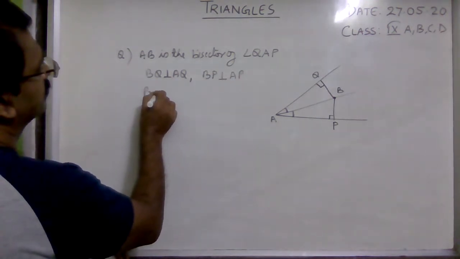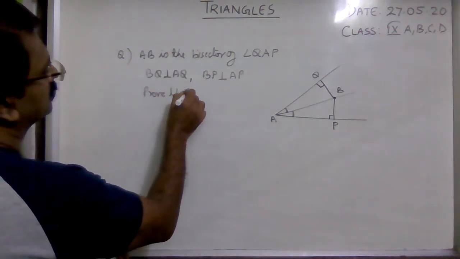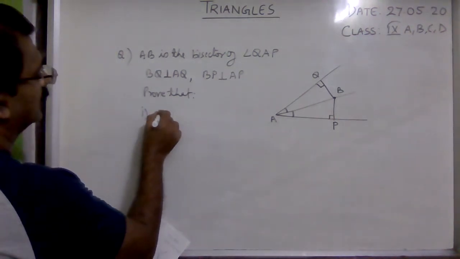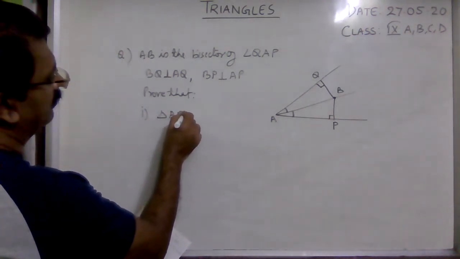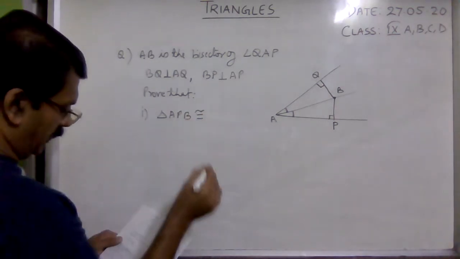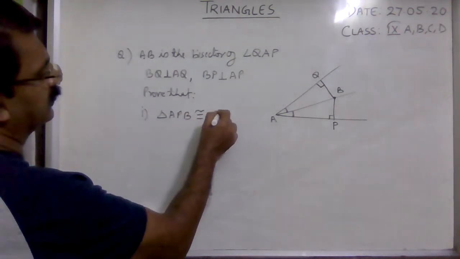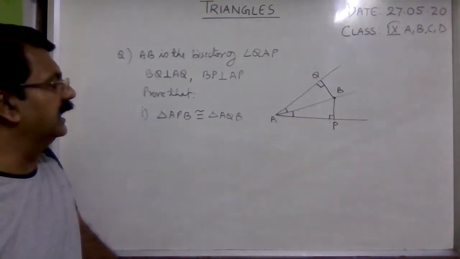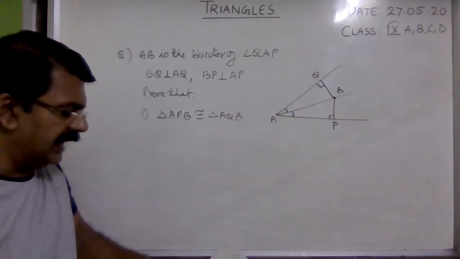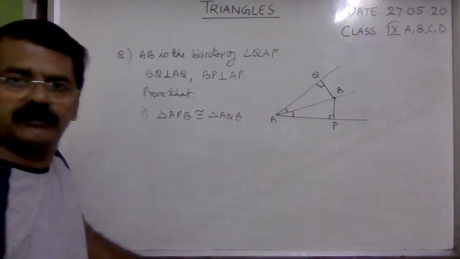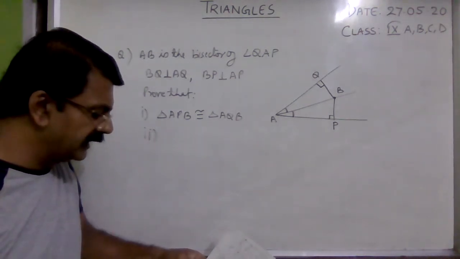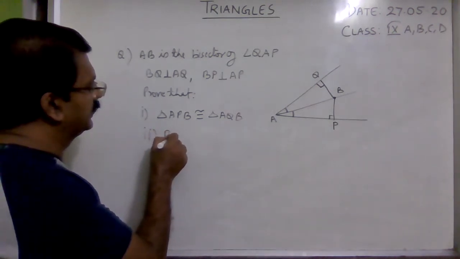Prove that, first part, triangle APB is congruent to triangle AQB. That is the first part that you have to prove. And the second part is BP is equal to BQ.